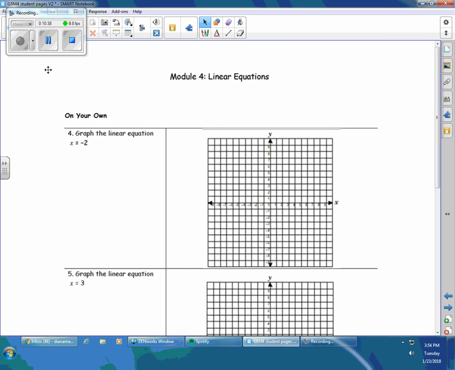Okay, x equals -2 right here. I'm going to draw my vertical line. And all along that line, that's going to be x equals -2.